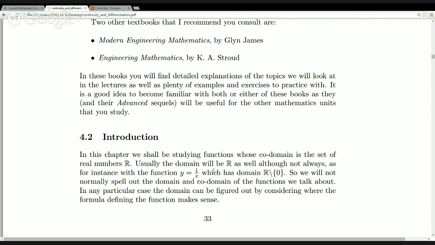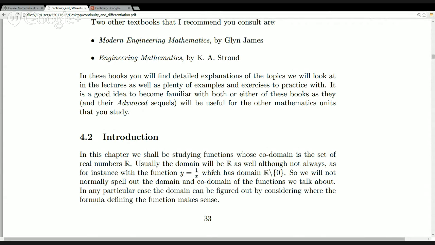For example, you could have a function g from R without 0, and that's defined by g of x is 1 over x. Or let's say, take the logarithm function. The logarithm function goes from not all of the real numbers, because you can't have a real logarithm of a negative number.